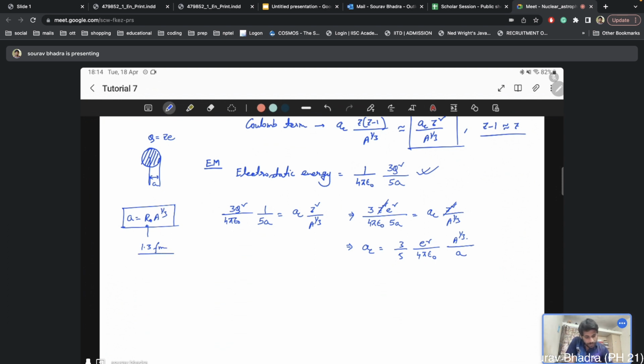So that's why we can write this a as r0 a to the power 1 by 3rd. So a to the power 1 by 3rd also cancels out. You can see that the z dependency and the a dependency are cancelled out from this equation, and it will be just 3 by 5 e square by 4 pi epsilon 0 into 1 by r0. For r0 we will use that 1.3 femtometer unit.